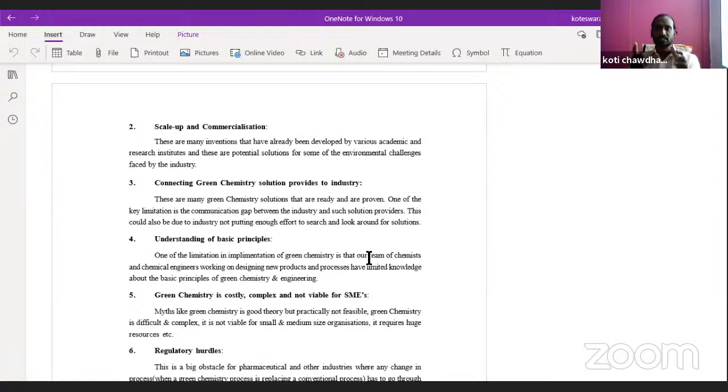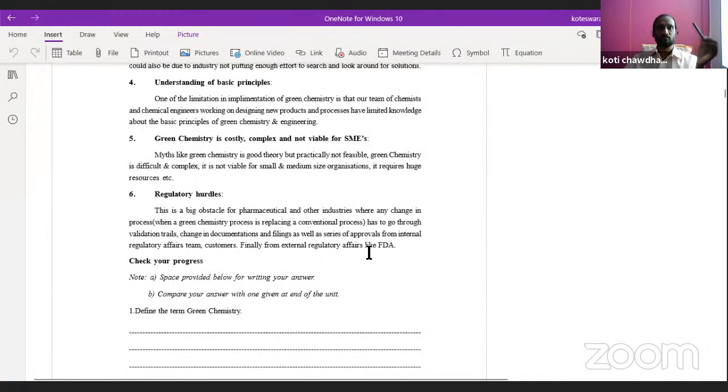Due to this relation gap, we are not able to provide exactly what is required for the industry, and what type of research and what type of work needs to be conducted in the academic and research institutions. This is the relationship lacking between the industry and the academic and research organizations.